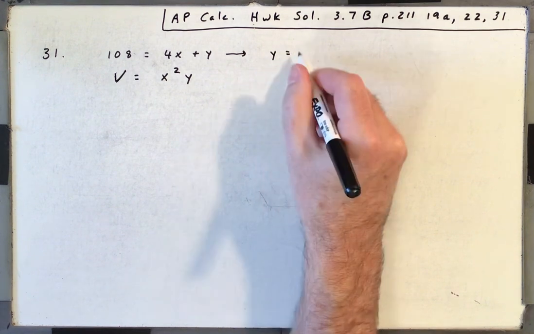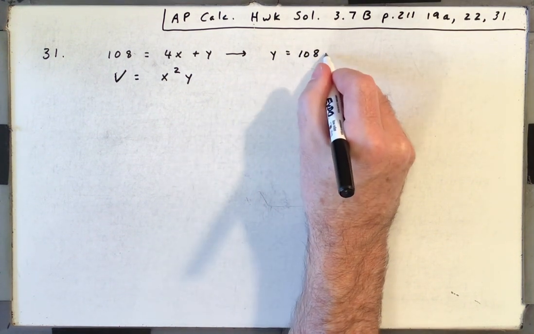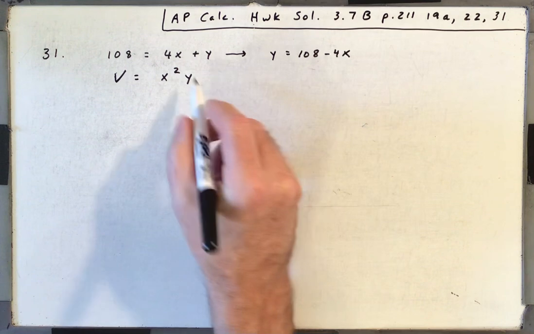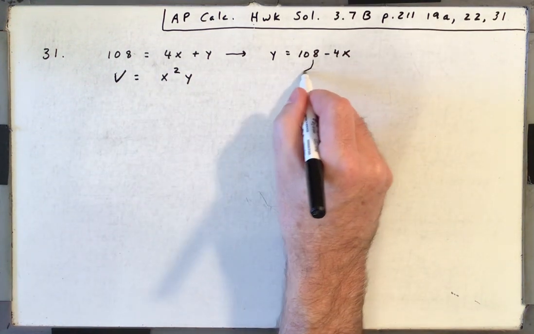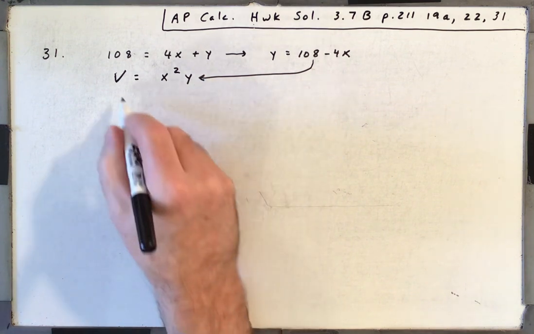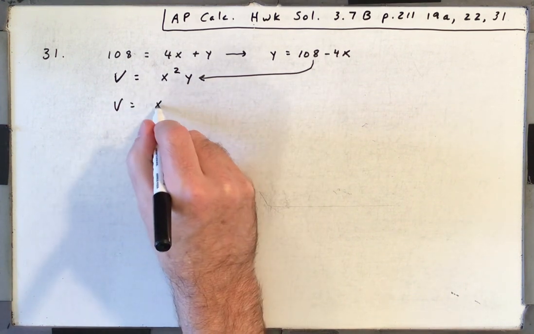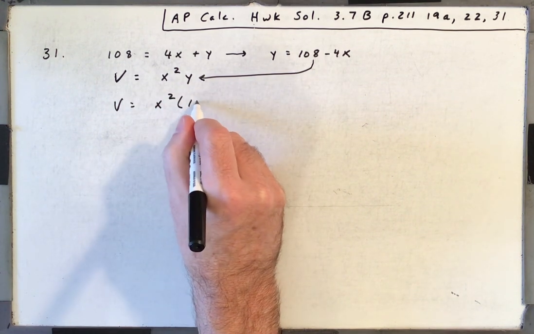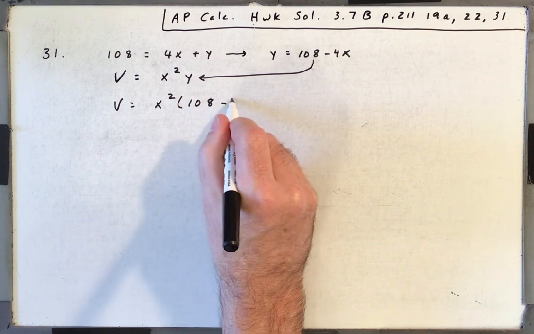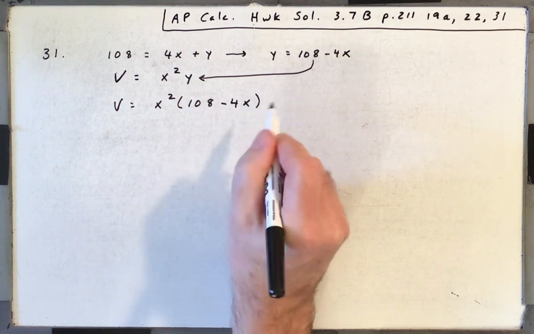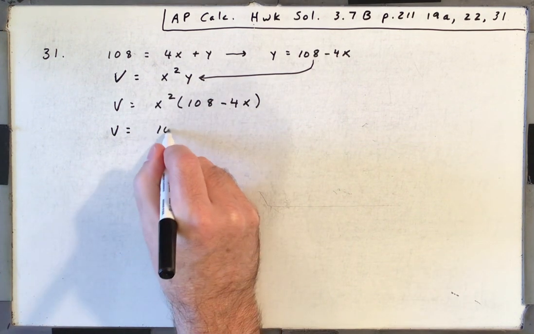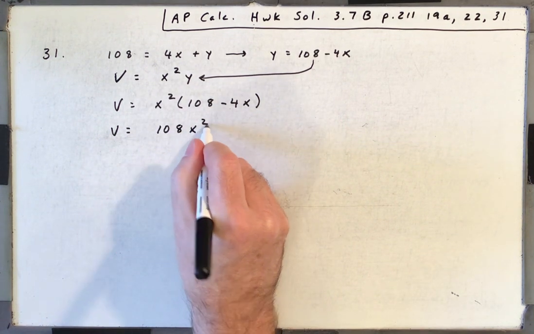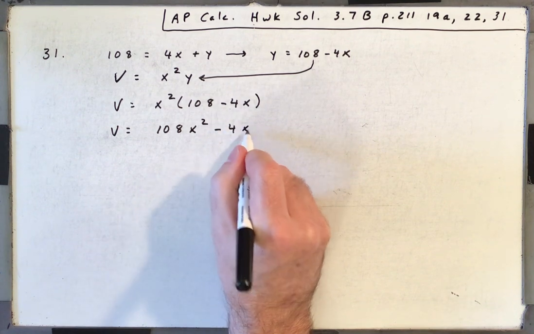Y is equal to 108 minus 4x, if I just bring that 4x over to the left, and then I can plug right there. So volume is equal to x squared times 108 minus 4x. So let's distribute the x squared. That would be 108x squared minus 4x cubed.